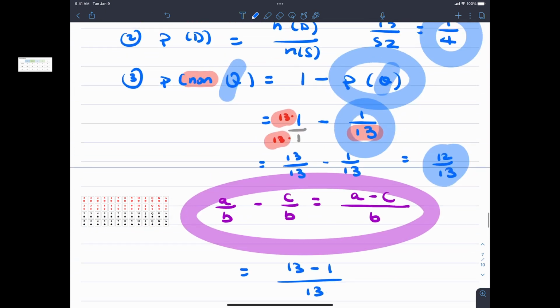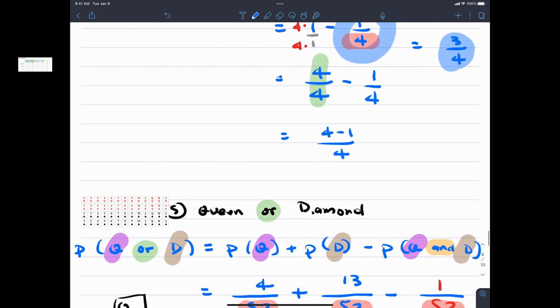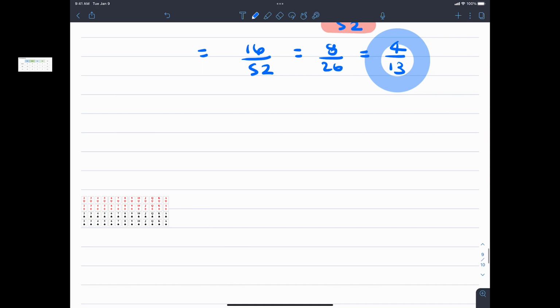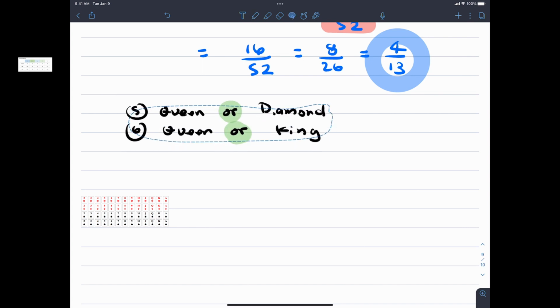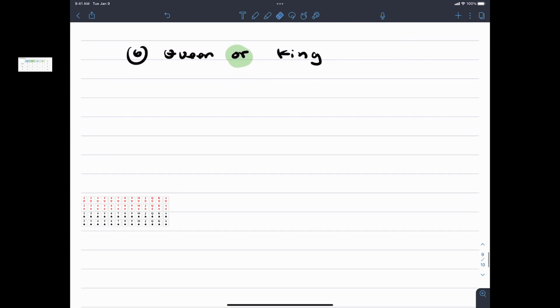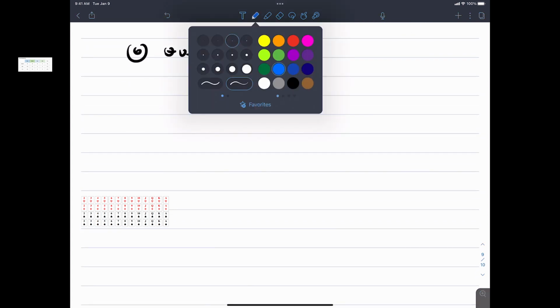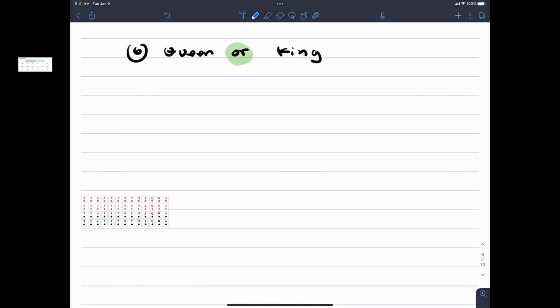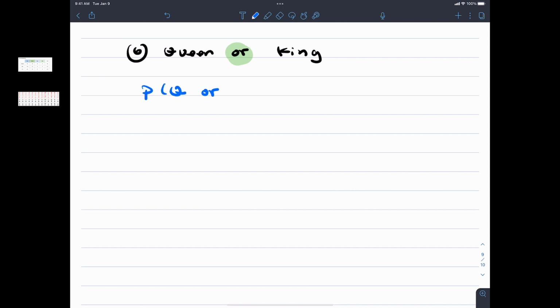All right, what was number 6? Let's see. Yes, I do have number 6 here. Chance to select a queen or a king. What rule do I use again for this? The addition rule. Good. So I'm going to start to write it down here a little because I don't like running out of space.